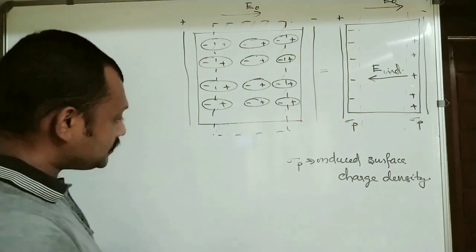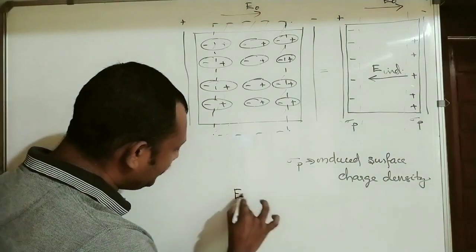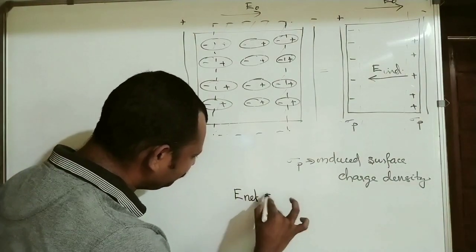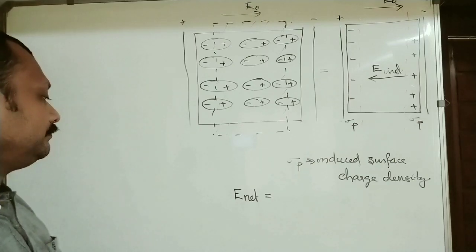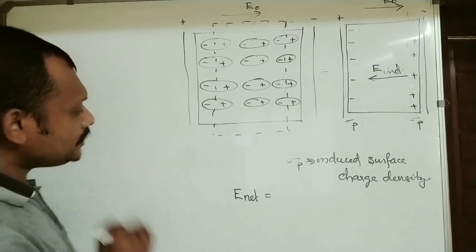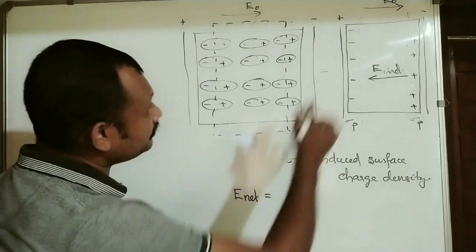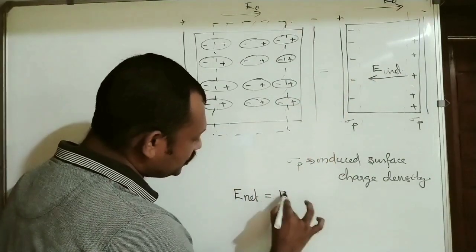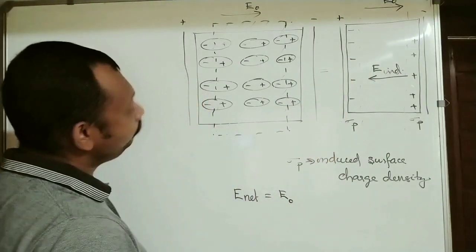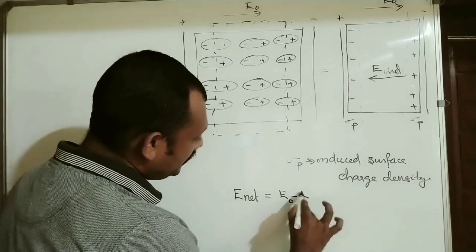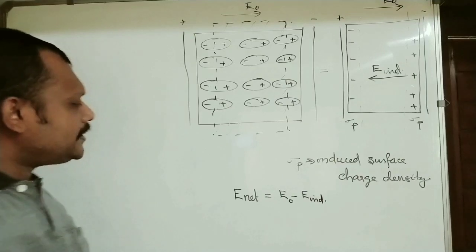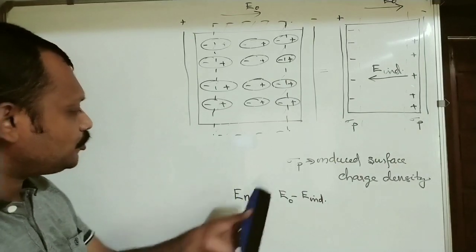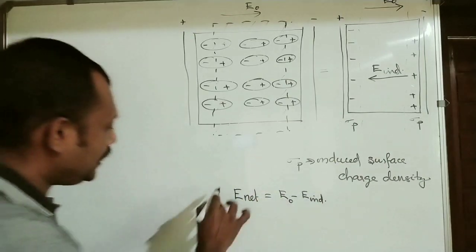Now the question I am asking is, what is the net field inside a dielectric? You can see it is E0 minus E induced. The net field inside the dielectric is equal to E0 minus E induced.